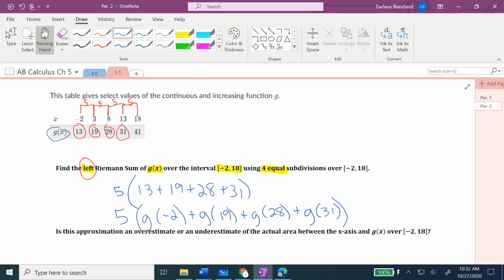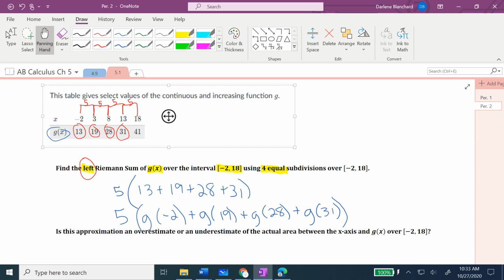So when you write it this way, it's saying which x coordinates are going into the function, and that is part of the entire process: knowing which x's on each subinterval are plugged into the function to find the vertical distance. And then you do have to put in the actual numbers, but you do not have to add them together.